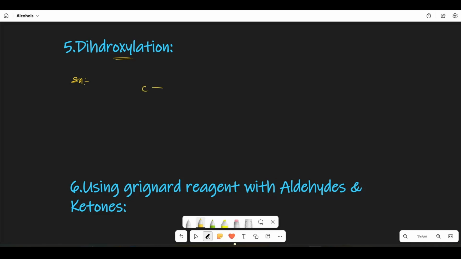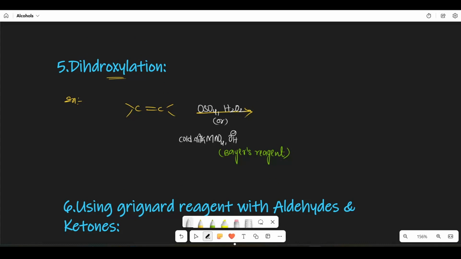If we take a simple alkene in the presence of OsO4 and H2O, or else we can take Baeyer's reagent, that is dilute KMnO4, also called Baeyer's reagent, we get this product by syn addition. So this is syn dihydroxylation.